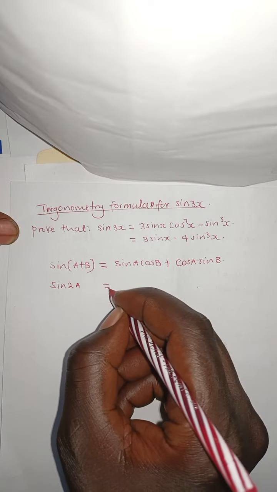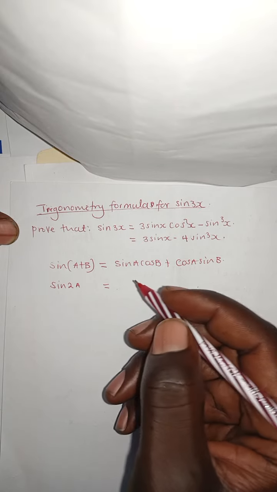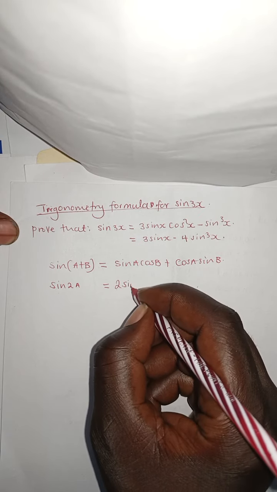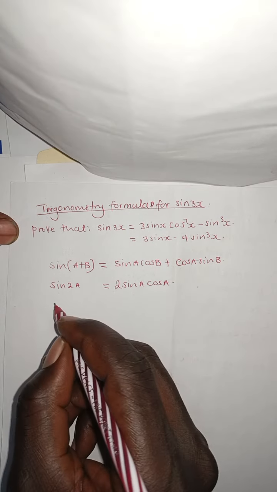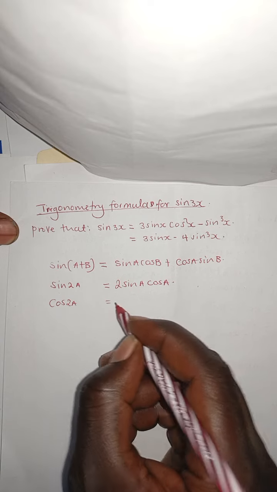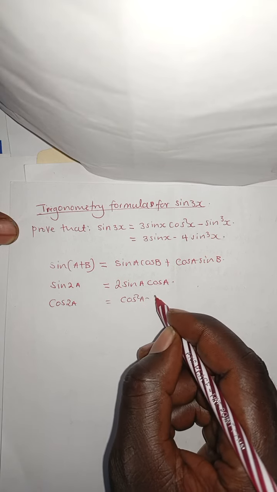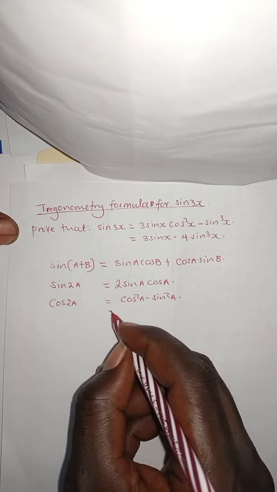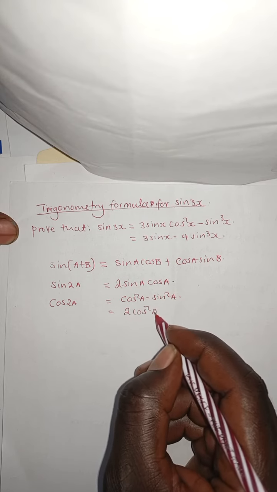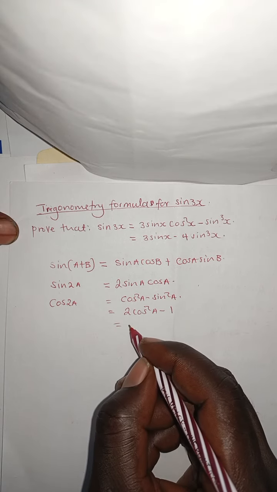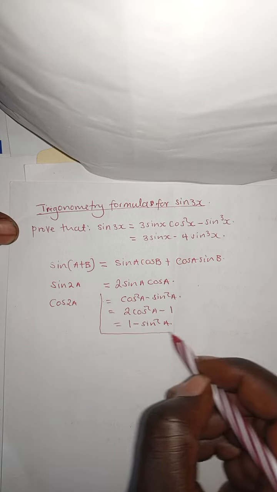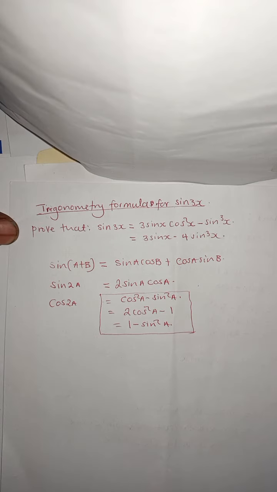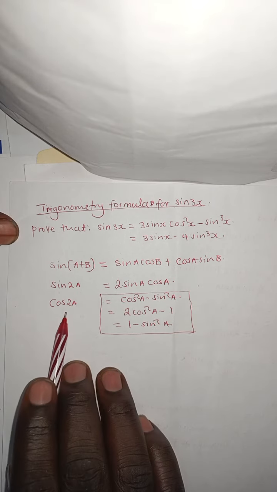Sine 2A can be written as 2 sine A cos A. Then the double angle for cos can be written as cos squared A minus sine squared A, or 2 cos squared A minus 1, or 1 minus 2 sine squared A. All these formulas can be derived for the double angles of cos.